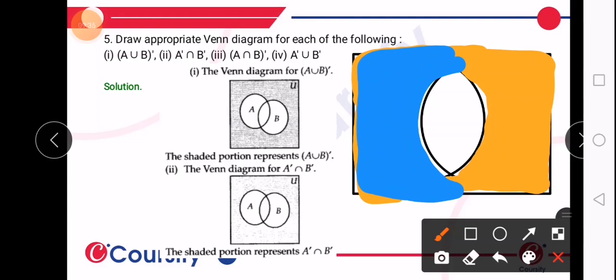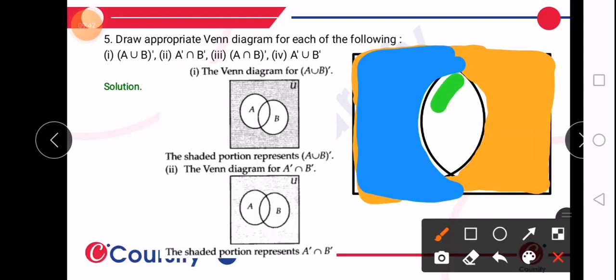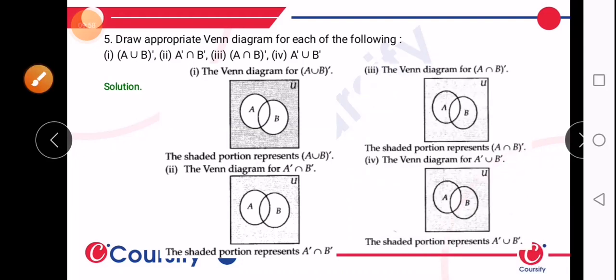So B complement is this portion. So the left out part, that is the green portion, this left out part is called A complement union B complement. And with that, we complete this question. Let's move on to the next one.